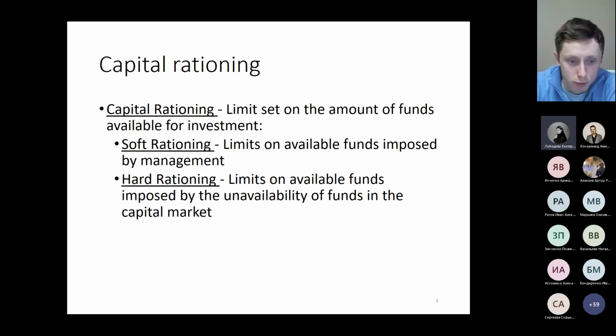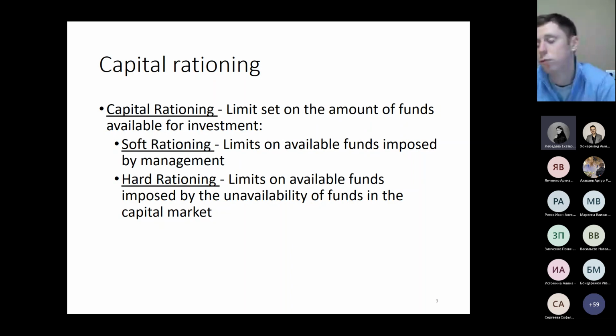It can be either soft rationing, then this limit is imposed by the management. So the firm decided that it would allocate only this amount for investment. Alternatively, it can be just due to the lack of resources. Then there are just no other available resources.